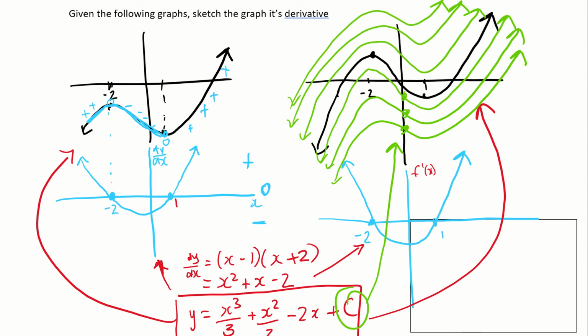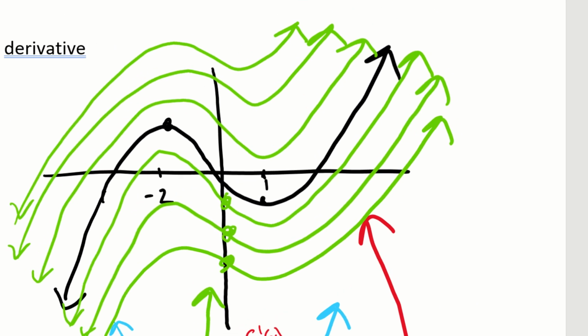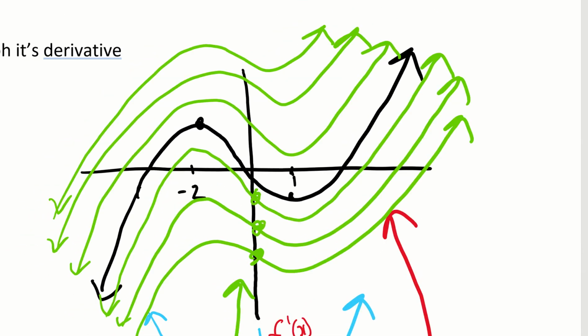Now this actually forms what we call our slope field, and that's the whole idea. If I was to then draw a slope field, the slope field represents all of the possible differential equations that satisfy the question. And what they actually do to draw a slope field is they put the gradient, so they're all tiny, tiny little tangents.